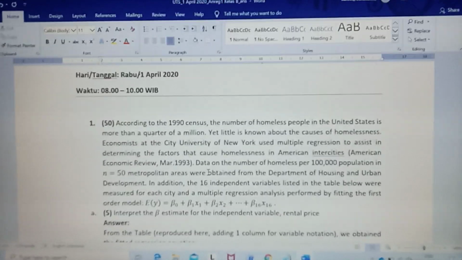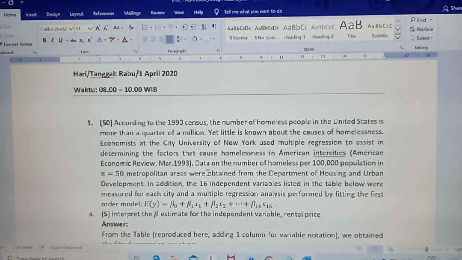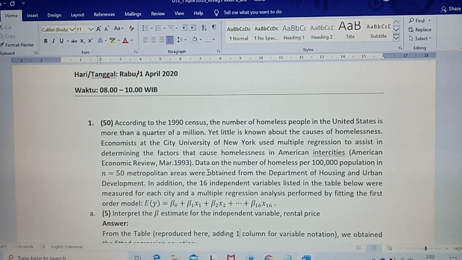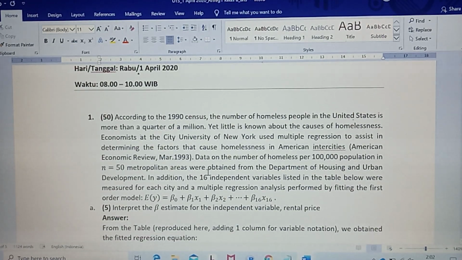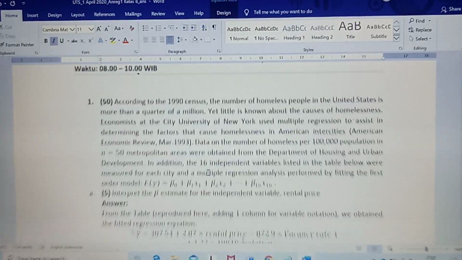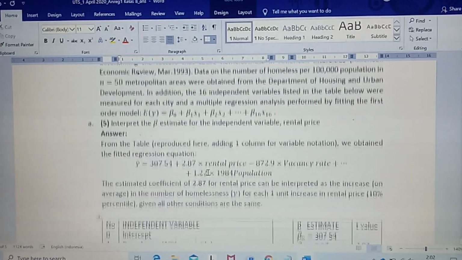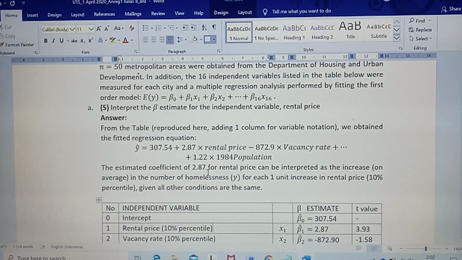So we fit that model: beta naught plus beta 1 x1 up to beta 16 x16. The first question is to interpret the beta estimate for the independent variable, rental price.